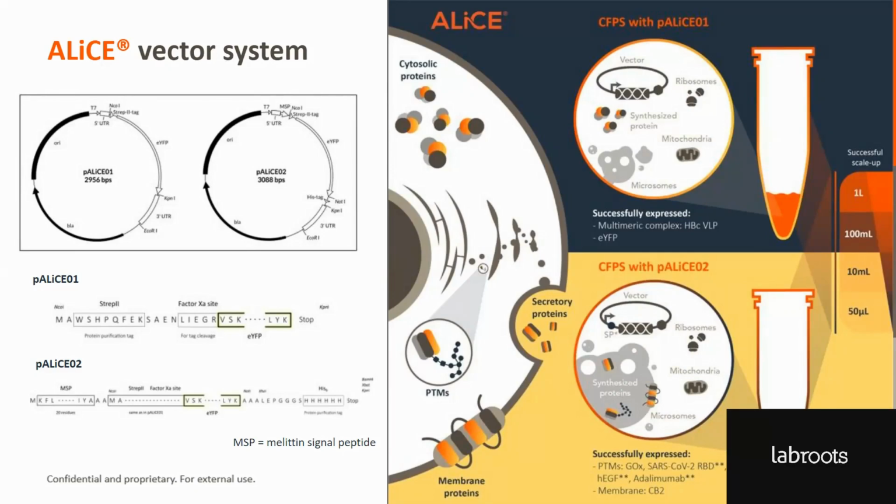These vectors come with our kit, and you simply clone in your gene of interest or even have it synthesized directly into the vector with certain gene synthesis providers. And on the right, we have the p-ALiCE2 vector. Using an MSP, or melittin signal peptide, is sufficient to drive your proteins into the microsomes during translation and have them produced with the disulfide bonding and the glycosylation.